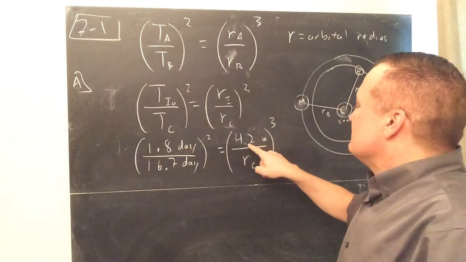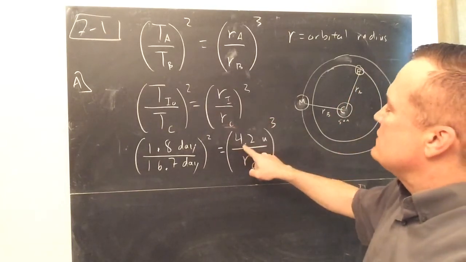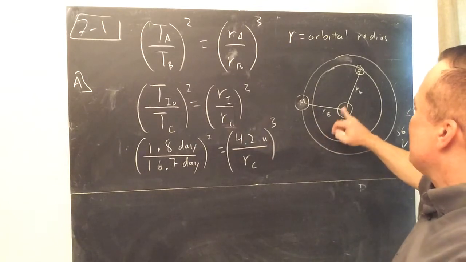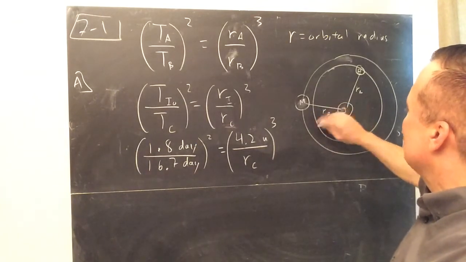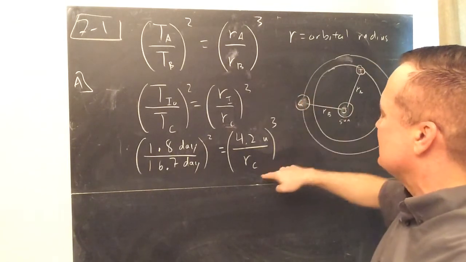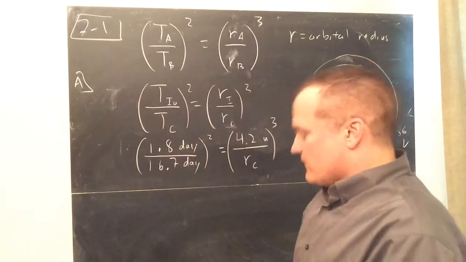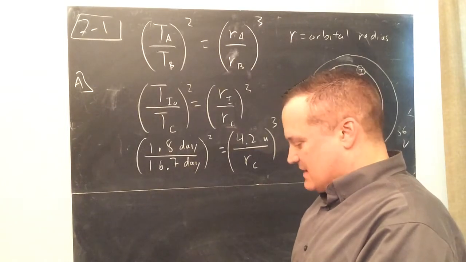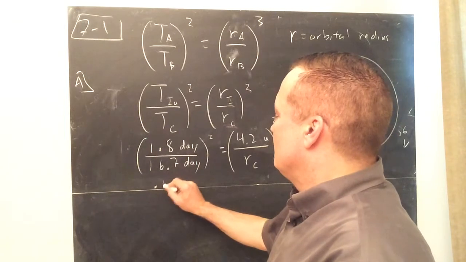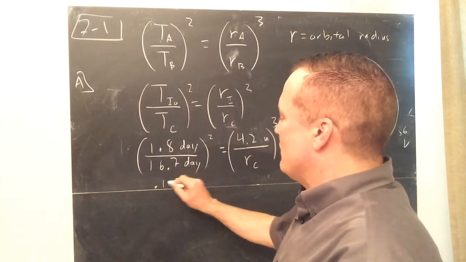Now, Io, we said, is 4.2 units away from Jupiter. I didn't really draw the diagram here. But Io will be 4.2, and then we'll find out how far is Callisto? So for the math here, 1.8 divided by 16.7 is 0.108.